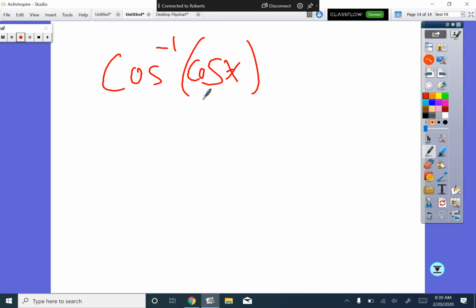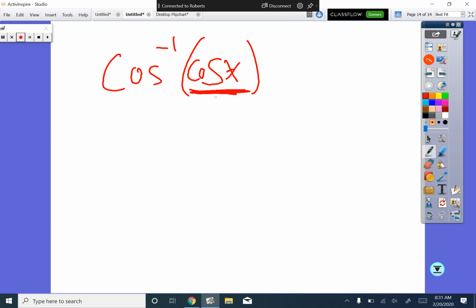What will this give us? It'll give us an answer between 0 and pi. The angles x can be any numbers I want, negative infinity to infinity, right? Any angles, correct? But what will the answer be between?